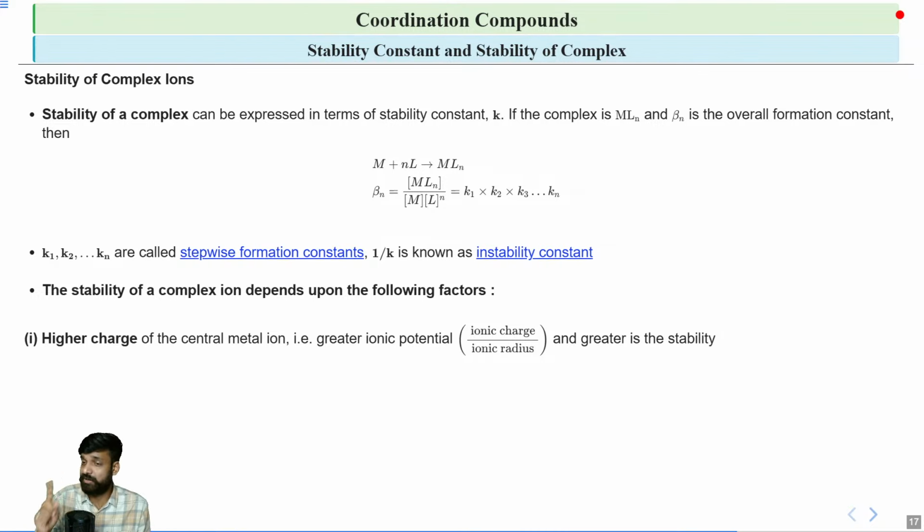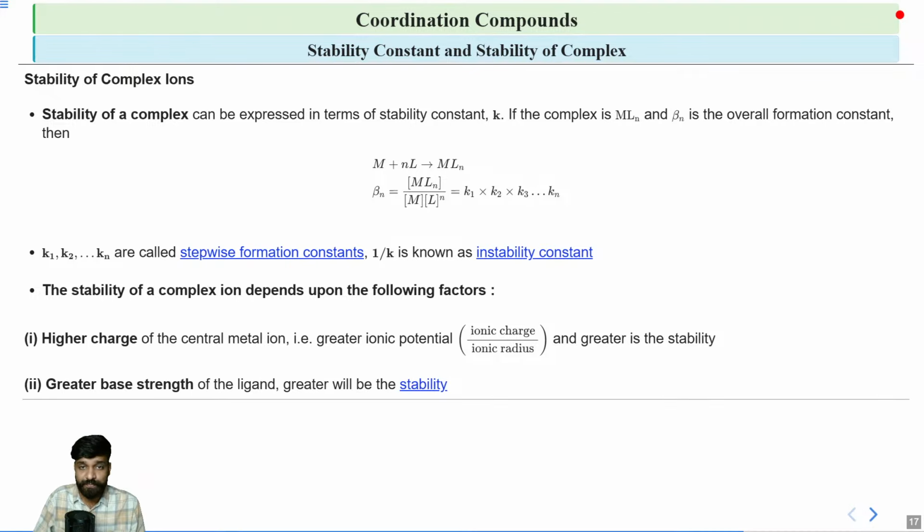For strong electrostatic interaction, the interaction is directly proportional to the charge magnitude, because force is directly proportional to the product of the charges. So if the charge is higher on the metal ion, it will form a stable metal complex.